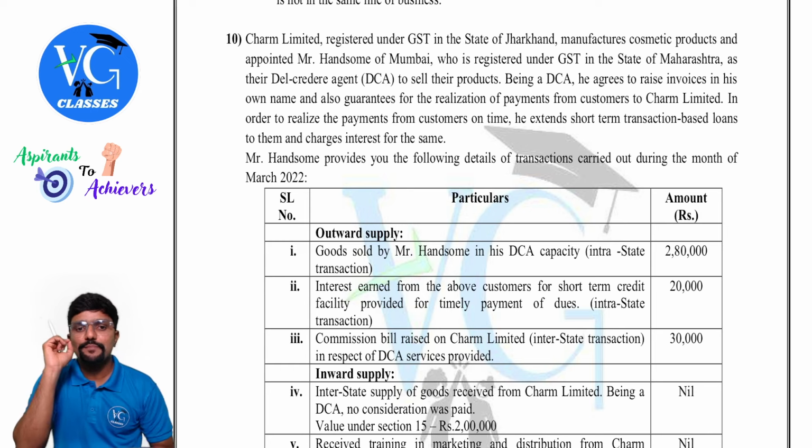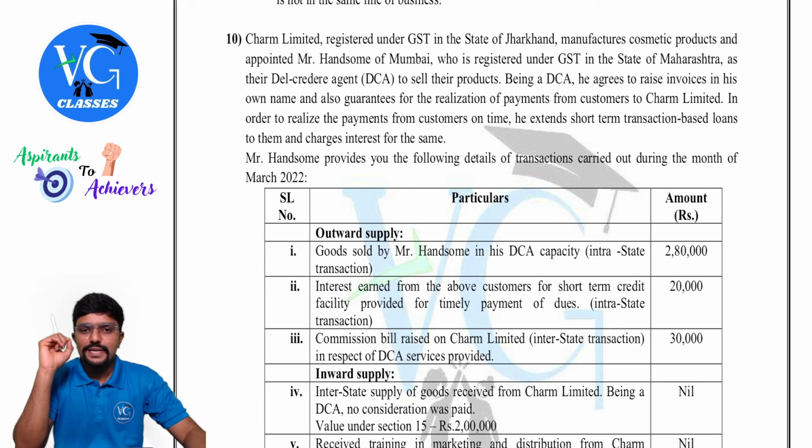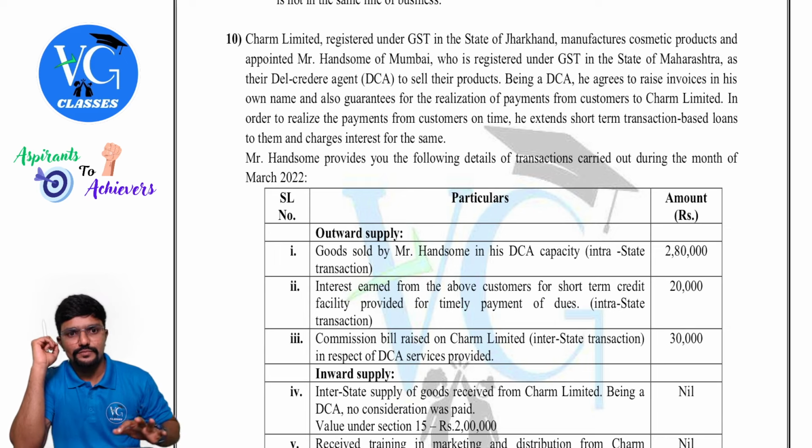In order to realize the payments from customers on time, he extends a short-term transaction-based loan to them and charges interest for the same. Mr. Ansem provides you the following details of transactions carried out during the month of March.